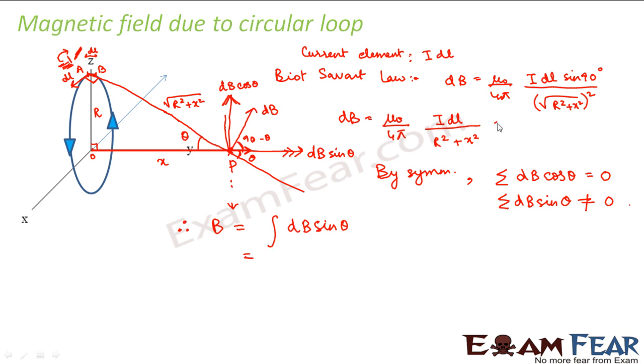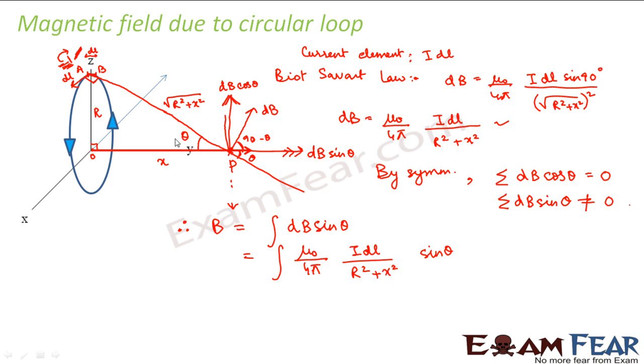So now you put the value of dB here. What do you get? You get mu naught by 4 pi I dl divided by r square plus x square into sin theta. Now you apply simple trigonometry in triangle AOP.